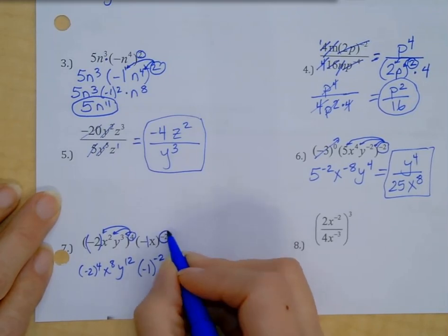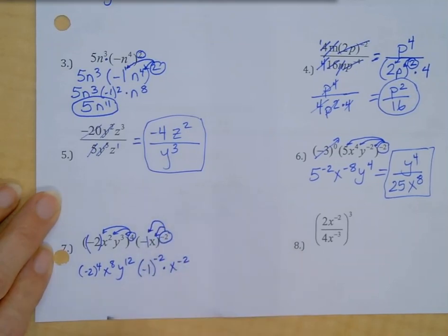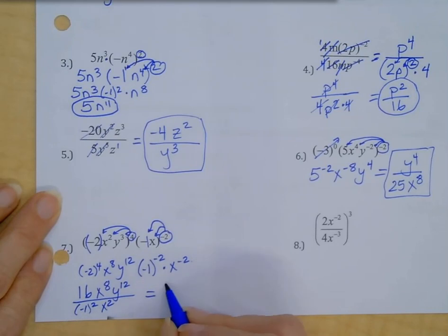I have distributed that negative 2 to the elements inside. All right, negative 2 to the 4th is positive 16, and I have x to the 8th, y to the 12th, and this is going to be over, I'm going to go ahead and do this in multiple steps here, negative 1 squared, even though we know that's just going to be positive 1, and it's also over x squared. I had to move these two down because of the negative exponents. Okay, so I have 16 divided by 1, so it's just 16. X to the 8th over x squared is x to the 8 minus 2, so it's x to the 6. Y to the 12th is my answer.